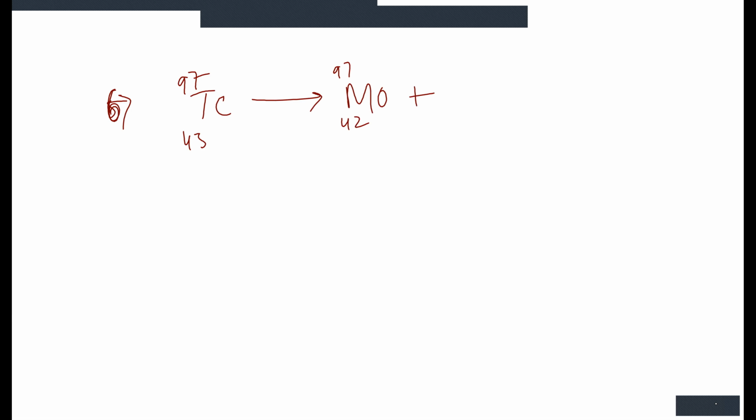Along with this, it is going to produce one positron and one neutrino.